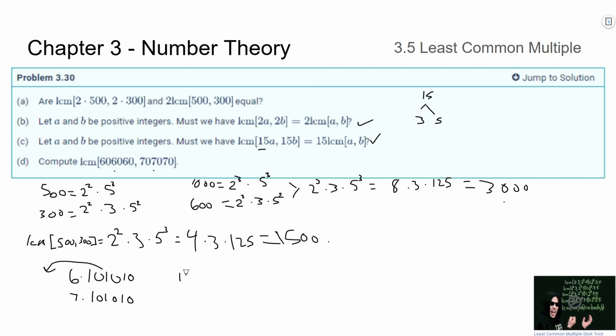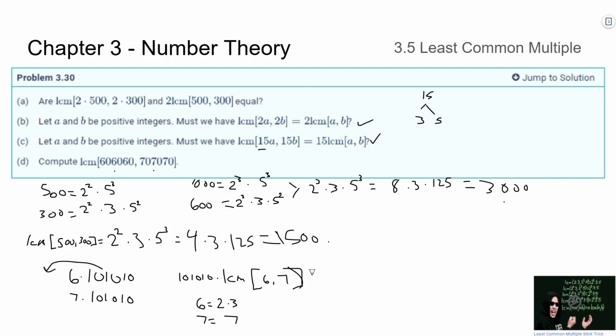So now we can say 101010 times the LCM of 6 and 7. So now what's the least common multiple of 6 and 7? Well, let's see. 6 would be 2 times 3. And 7 is already a prime.